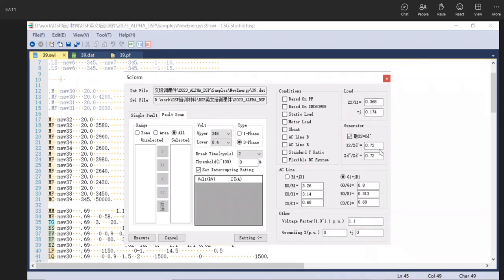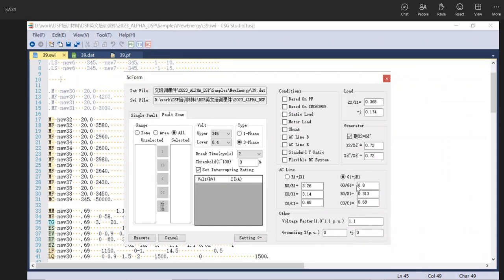And for the generator, it is also the negative sequence component of the impedance. For the AC line, this R0, X0, C0 means the zero sequence component of this parameter.